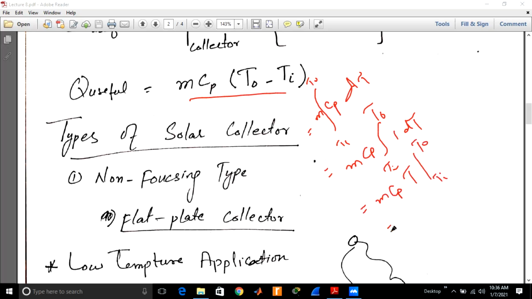So write them: M times Cp, write the upper limit, so in place of T write T naught, and this is Ti, and this is your required equation. So this is the integral form and this is the difference form. So here we will use this equation because the Cp depends on the temperature. If it does not depend, you can use only this.